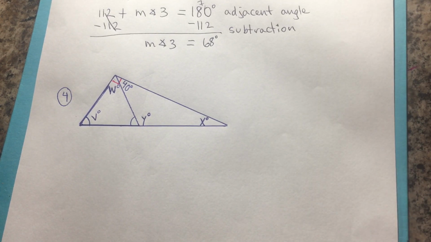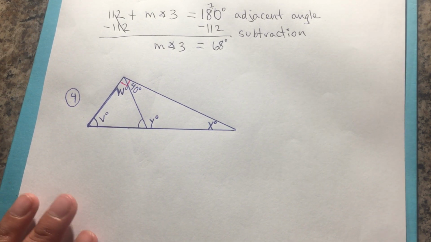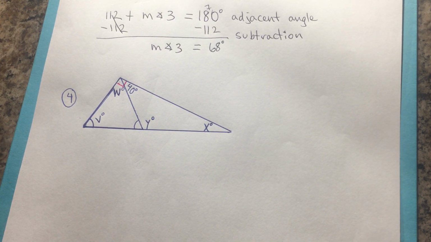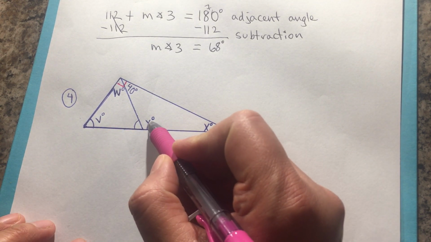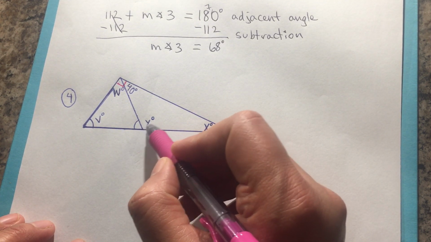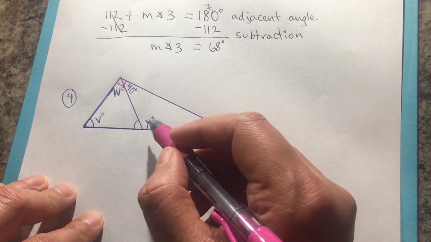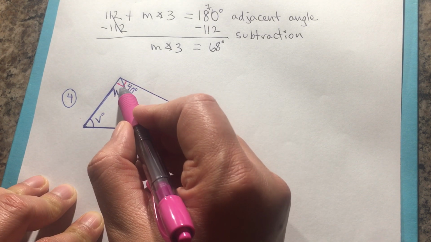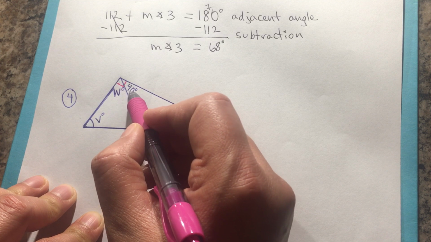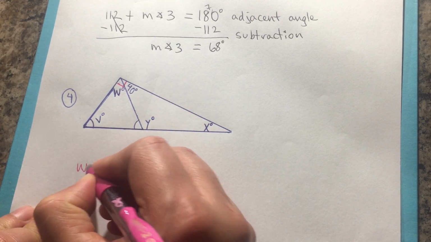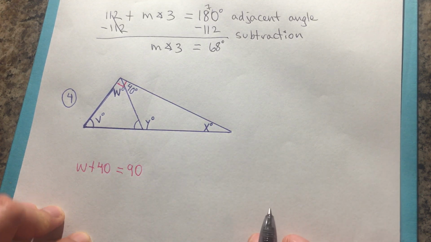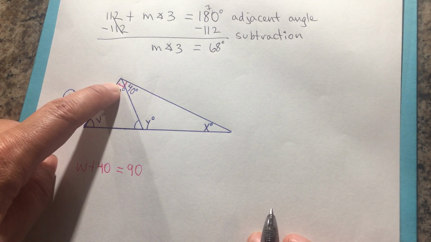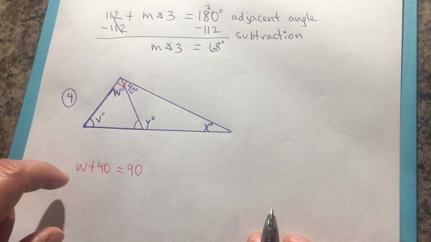Okay, number 4. This is more similar to 7.7, but we also have one external angle in here. So the first thing that we're going to do is to find this measurement right here, and W plus 40 is equal to 90 degrees. Why? Because that's 90 degrees, it's marked with that square.